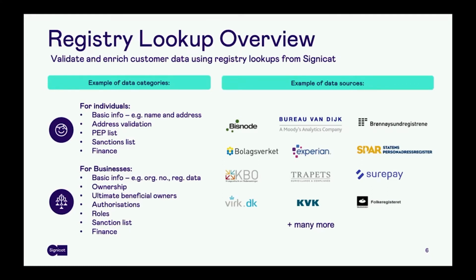And for businesses, we also have this basic info category, where we can get organization and VAT number, registration data, addresses, which country it's registered in, business type, legal status, industry information, and also some other information.